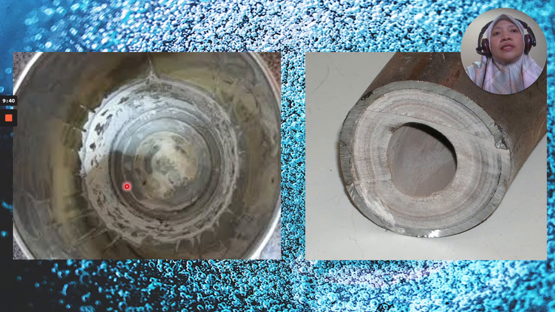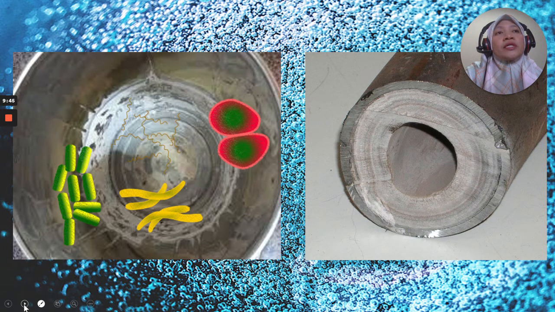This scale can also provide a secure place for microorganisms to attach and grow, and it will promote more microorganisms to grow within the structure of the scale.